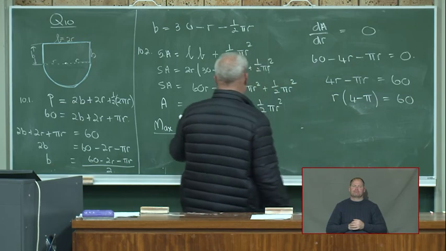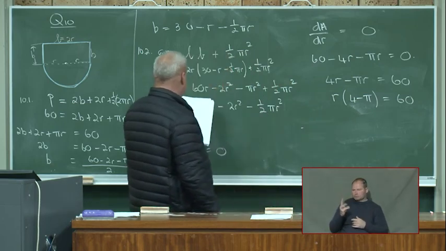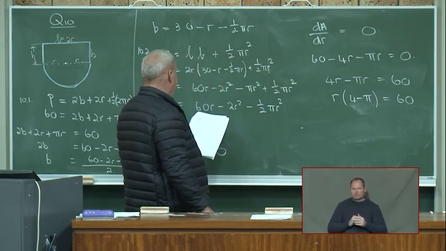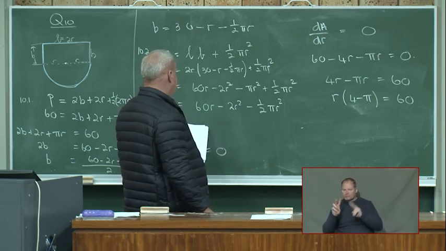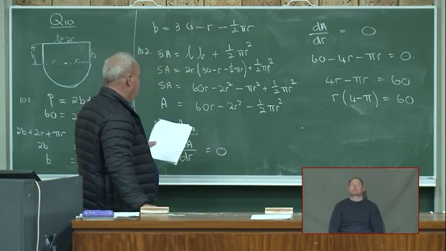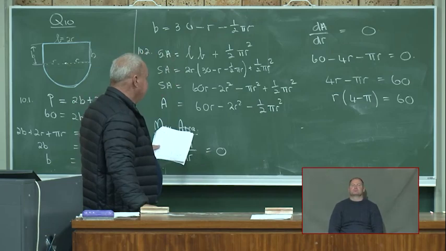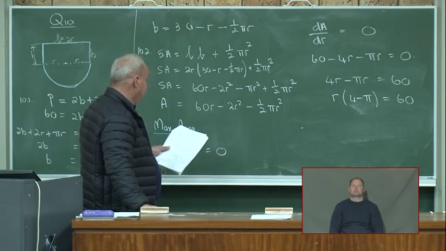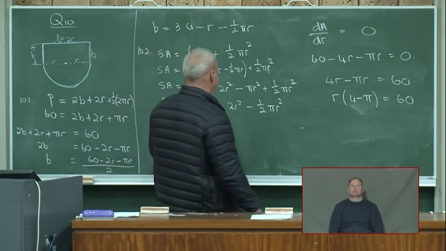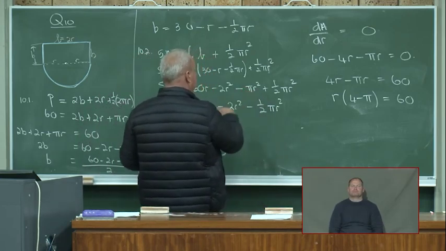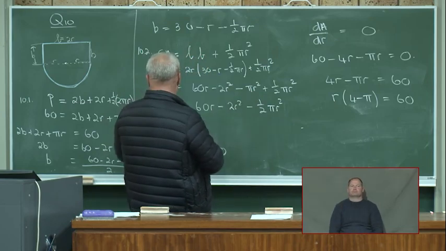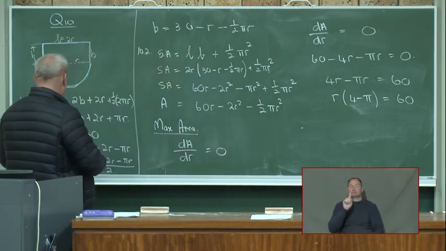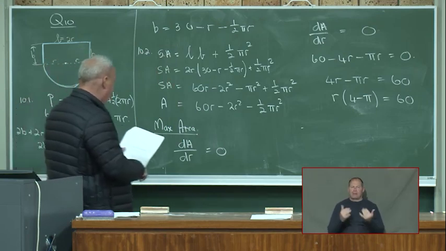Now let's just quickly make sure of this. Negative pi r, they got a positive here. Right, people, negative 1. That times that, let's just quickly make sure about that. 60 minus 2r minus pi r.